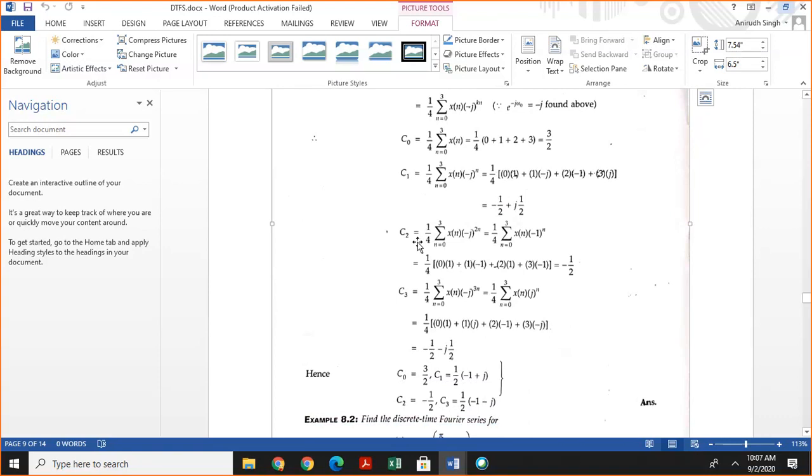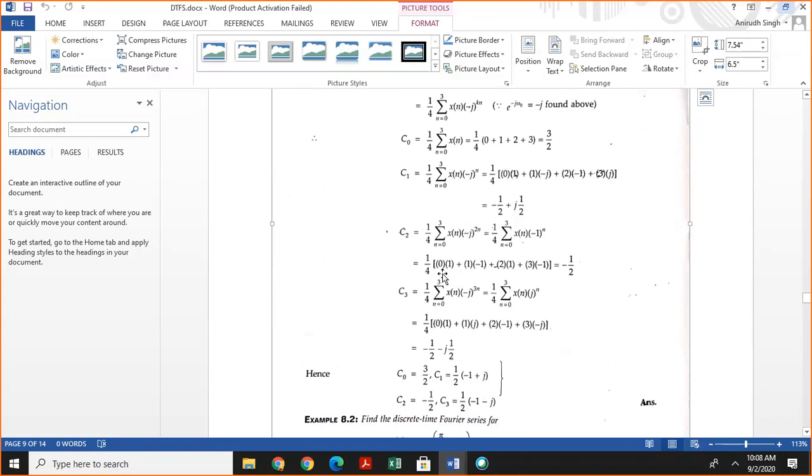C2 is 1 by 4 summation n from 0 to 3 of x of n times minus j raised to the power 2n, where in this coefficient the value of k is 2. So 1 by 4 summation of x of n times minus 1 raised to the power n.